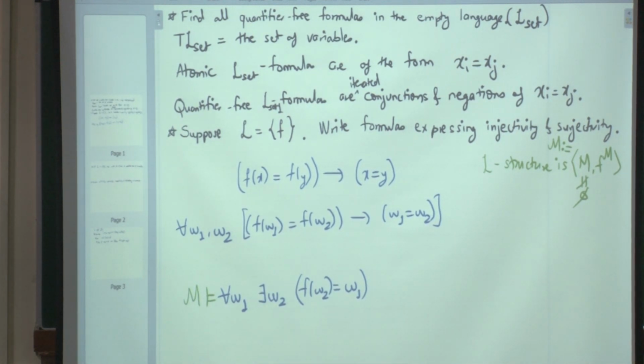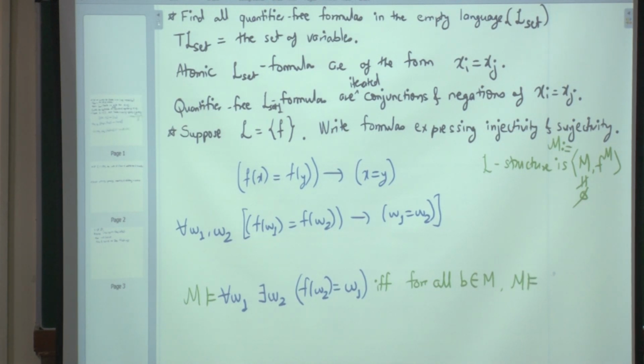For all is interpreted as for all in the English language. So this holds if and only if, for all B in M, then I have to say something here. What should I say?